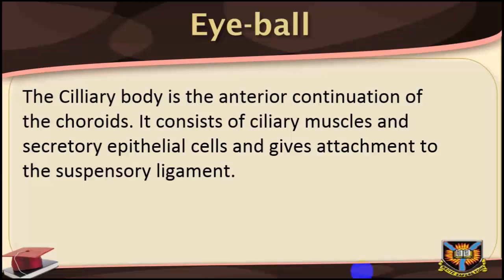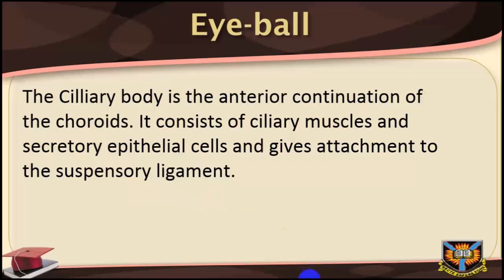When light enters the eye through the pupil, it stimulates the nerve endings in the retina and is then absorbed by the choroid. The ciliary body is the anterior continuation of the choroid. It consists of ciliary muscles and secretory epithelial cells and gives attachment to the suspensory ligaments.